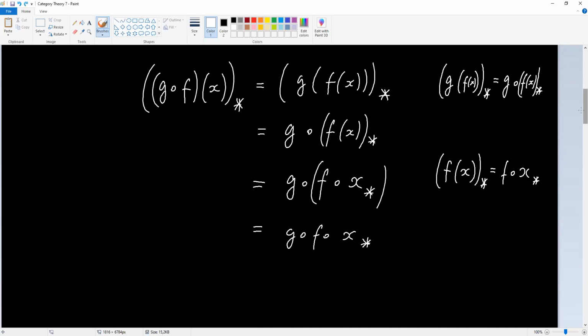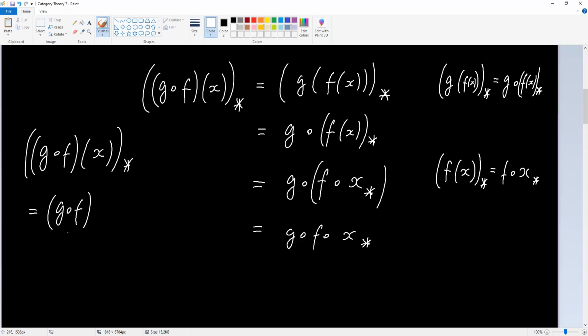I want to write down a formula that exhibits the fact that if I first compose f and g as functions, then evaluate it at x, and then think of it as a morphism, that's the same thing as taking the composite GF, no, I'm lost.